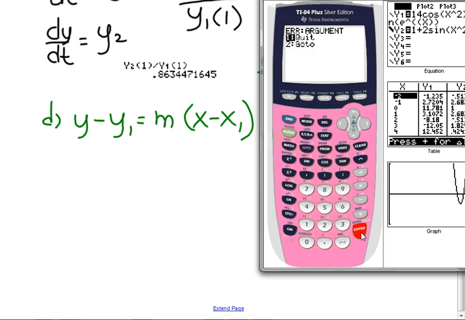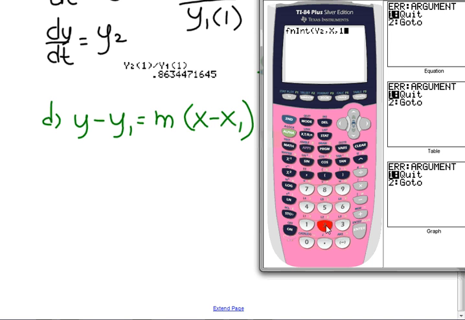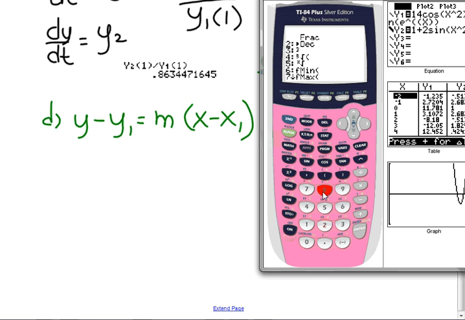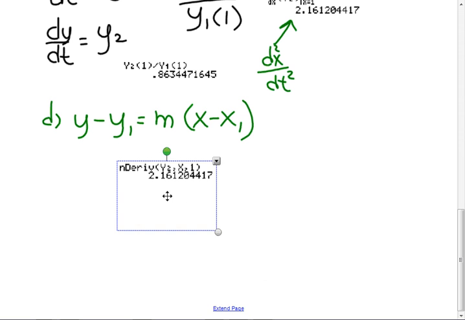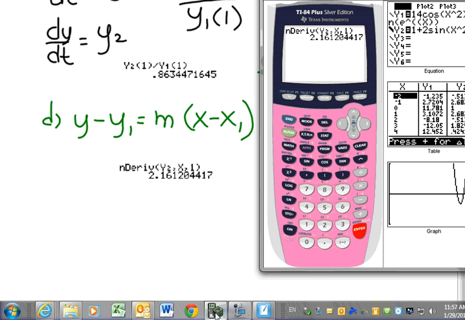And they could have said x. Whoops. Oh, not FNINT. nDeriv. 8. There we go. Oh, I did the same one twice. I better get them labeled correctly, though. So I'm just going to go back up here.